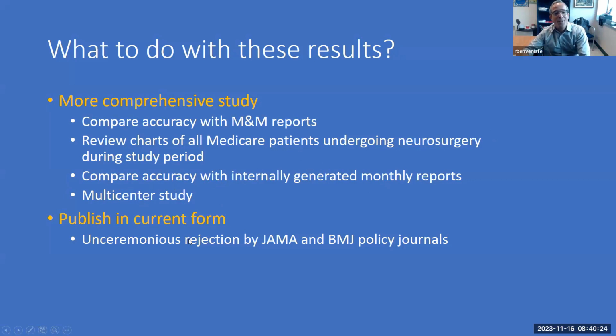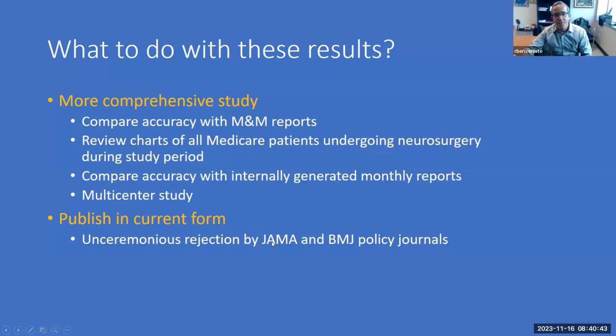And then the other thing we wanted to do is publish this in its current form. And kind of bizarrely, I hate to say it, but I've had a lot of papers rejected by journals over the years. Usually you get back a rejection saying, hey, listen, this is why we don't like it. There are these weaknesses. It's unacceptable for publication.